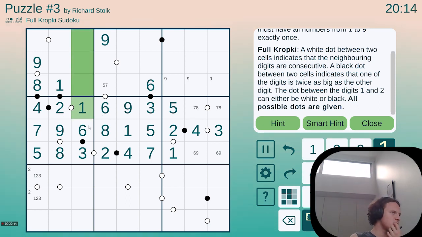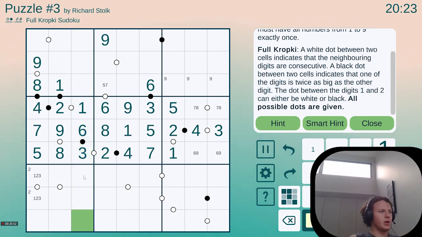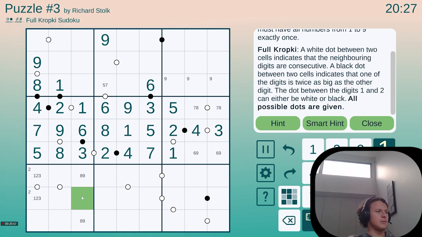Okay, let's look at this column now. We can place a 9-8 pair because the 9 and 8 have to be in the column, and they have to be in these two. Otherwise, if one of them was here, it would be consecutive with the other. And that means the 7 can't go there as well.